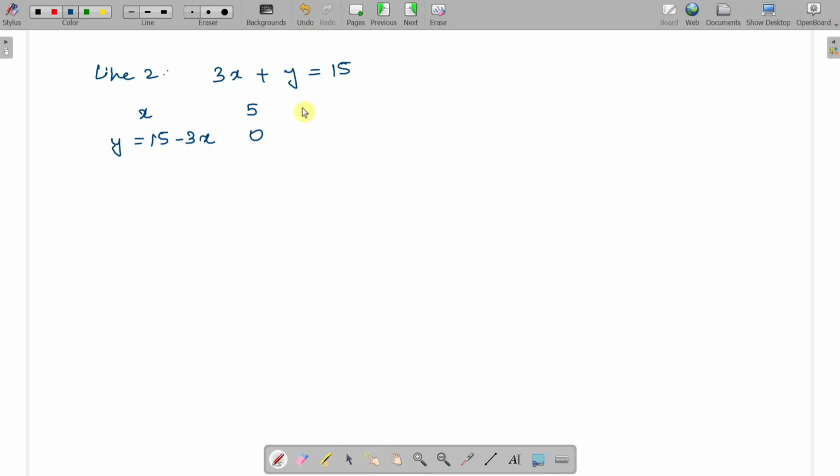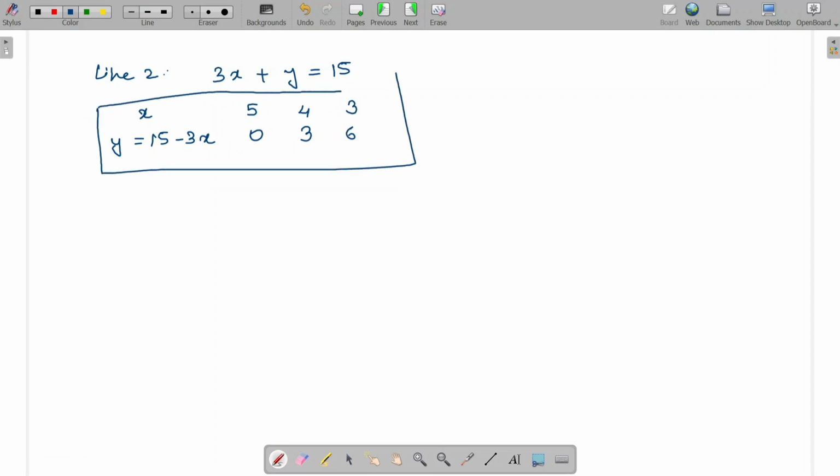When x is 4, 15 minus 3 times 4, 15 minus 12, that is 3. And if x is equal to 3, we will get 15 minus 9, which is 6. So this is the table for line 2.